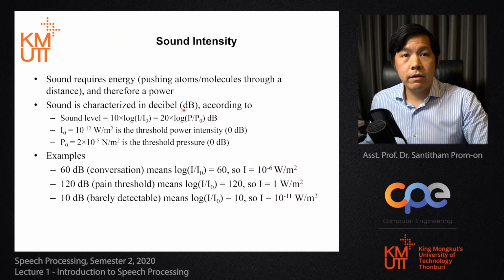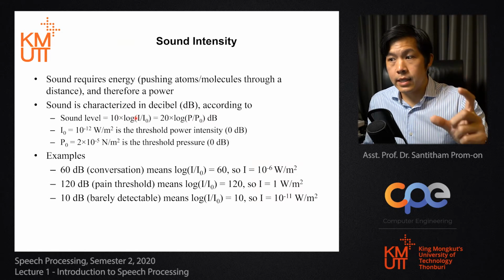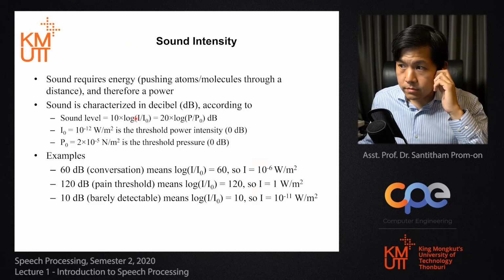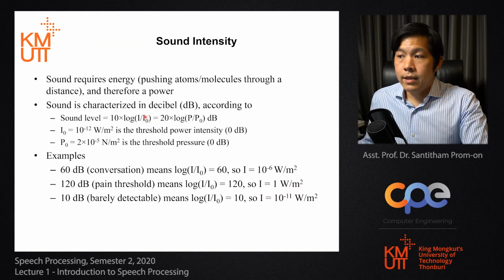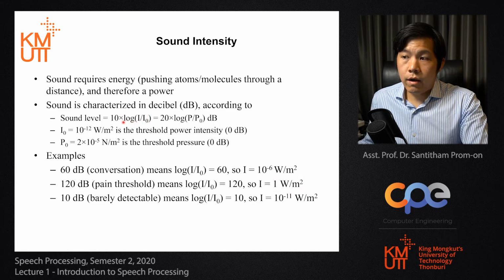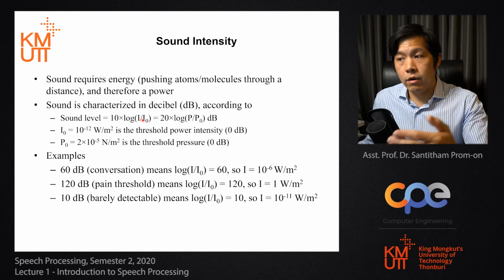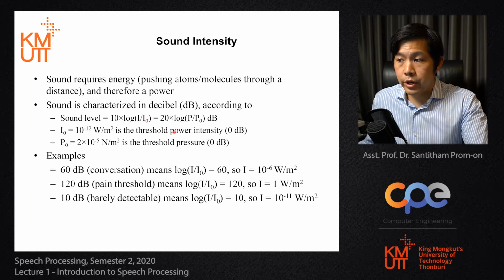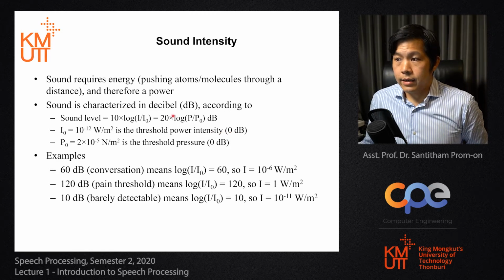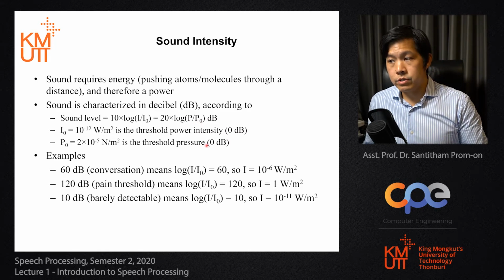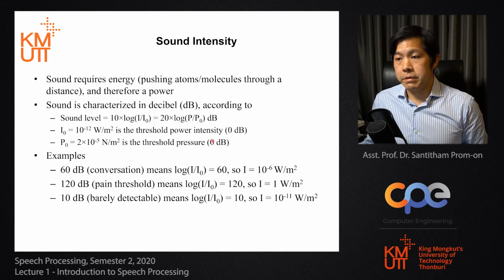This decibel, or the sound level, is actually the logarithmic comparison of the sound intensity to the base intensity. So this is 10 log of I over I0, where I0 is the threshold of 0 decibel. It's actually 20 log P over P0 when we use pressure as the measurement.